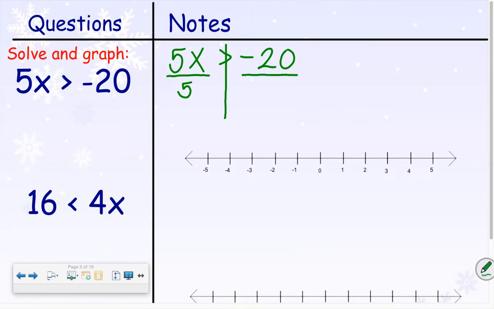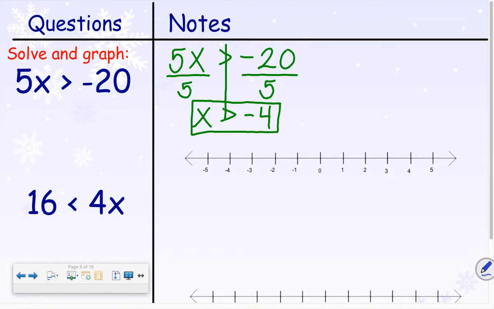Now I need to think about what kind of 5 I'm dividing by. I'm dividing by a positive 5, so I don't need to flip. Negative 20 divided by 5 is negative 4. So on this one, I don't flip it because 5 is positive.